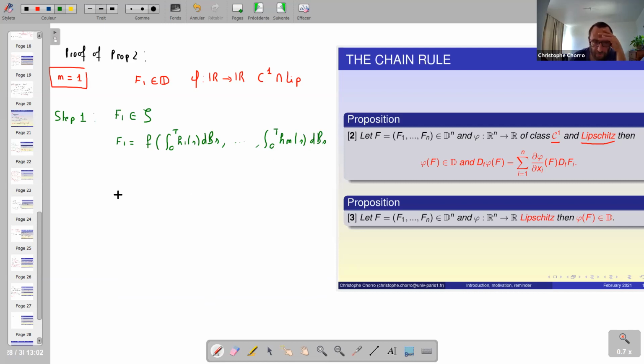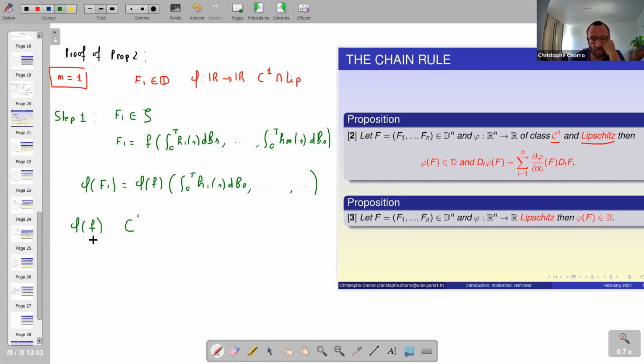So if I consider phi of F1, I can consider it as phi of f applied to my Wiener integrals. But what can I say about phi of f? By composition, I have something that is of class C1, that is regular.